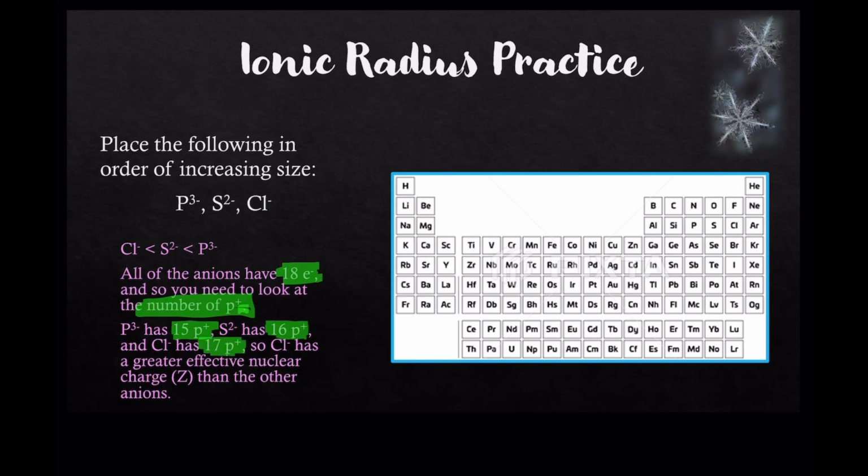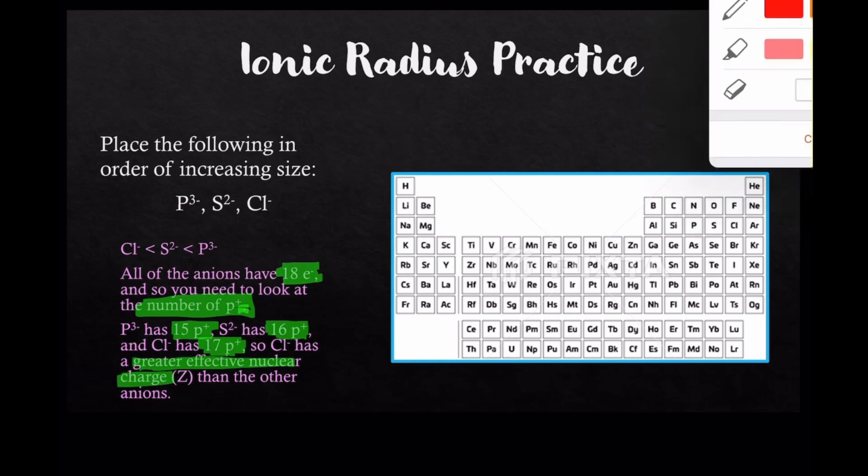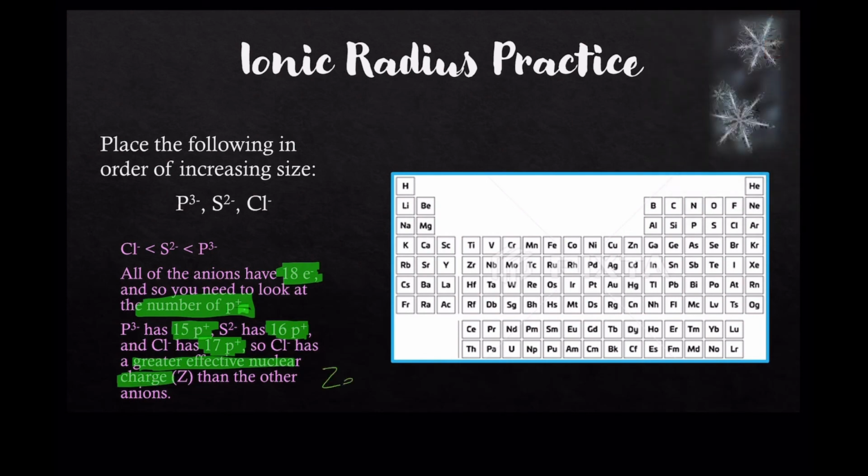So because chloride has a greater effective nuclear charge, that symbol is Zeff, than the other anions, it will have the smallest ionic radius.